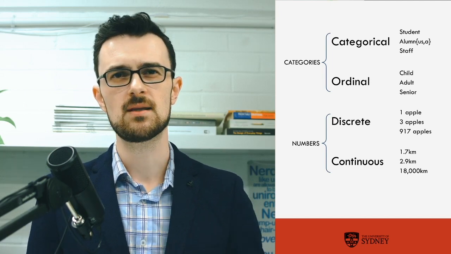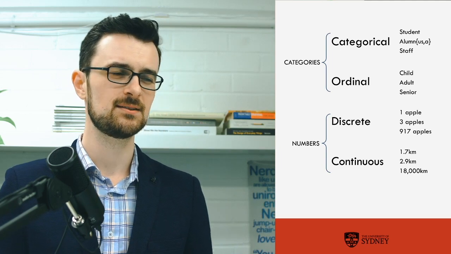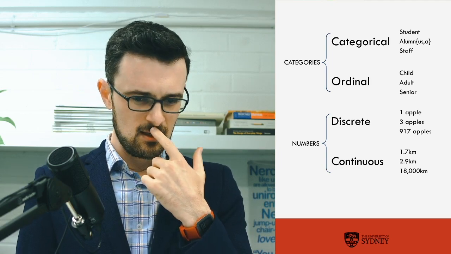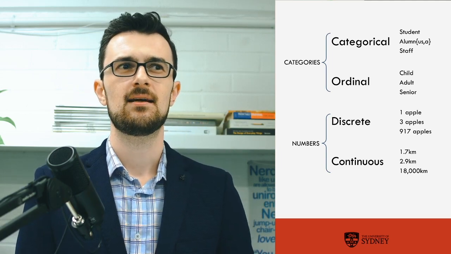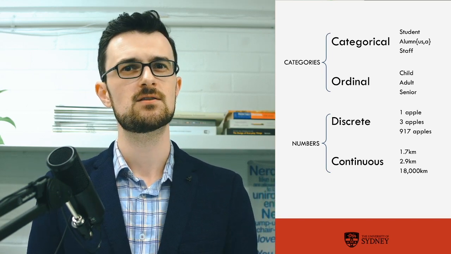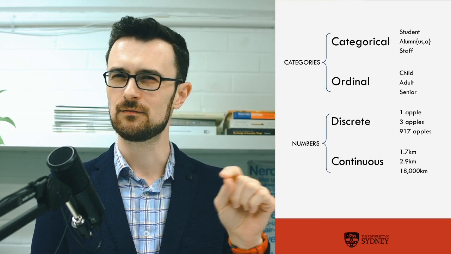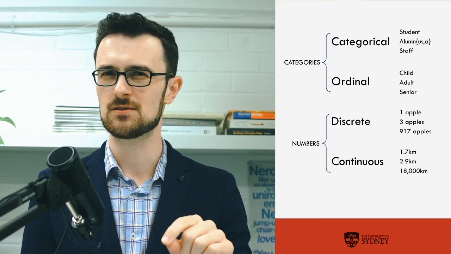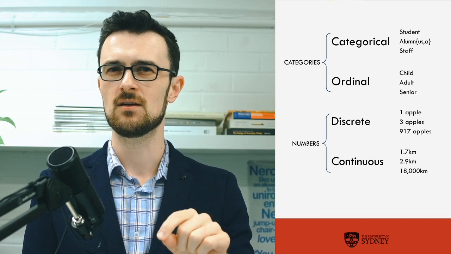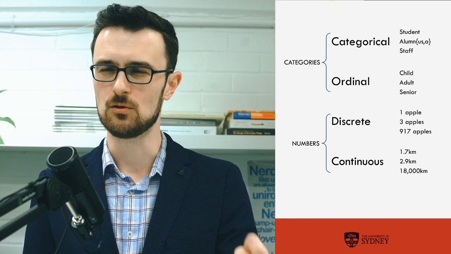And there are also some things that seem to be numbers but are actually not that numerical. Like if you ask someone to rate how much they like a product out of 5, psychologists have shown that there isn't actually a linear scale. Like a 4 out of 5 is clearly not twice as good as a 2 out of 5. A 2 out of 5 is really bad and a 4 out of 5 is quite good.